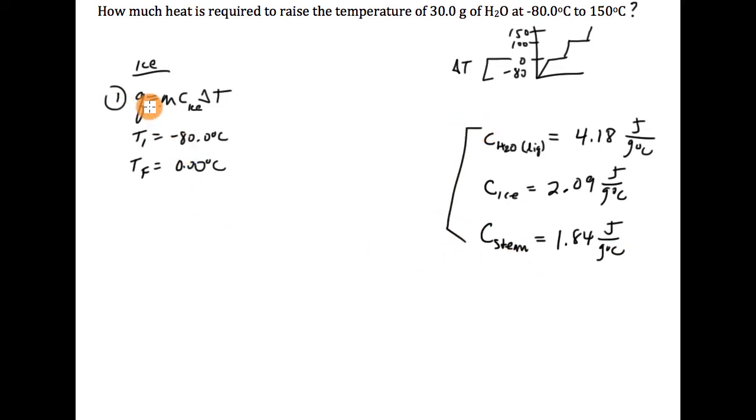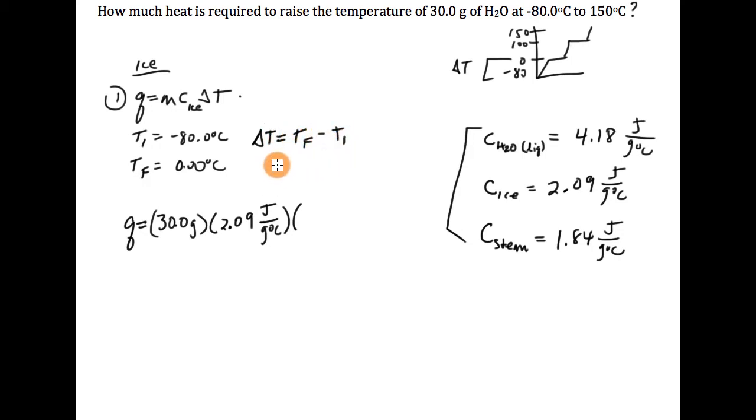Okay, so my calculation, I'm going to go ahead and plug in Q is equal to my mass, which is 30 grams of water. Specific heat, because we're dealing with the ice, I'm going to plug in here 2.09, make sure you got your decimal there, joules per gram degree Celsius. And my change in temperature is going to be final minus initial.